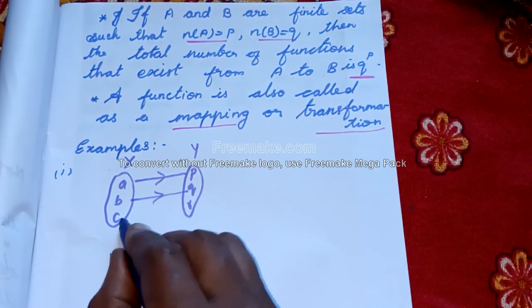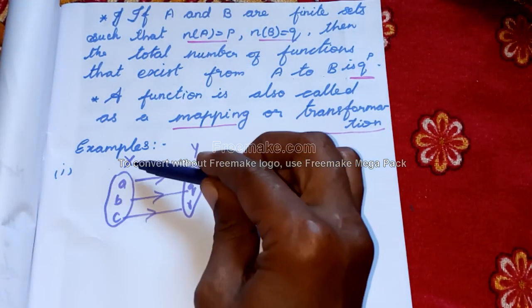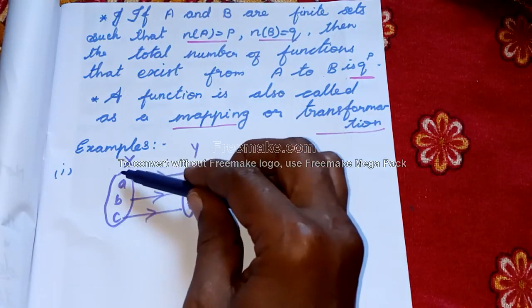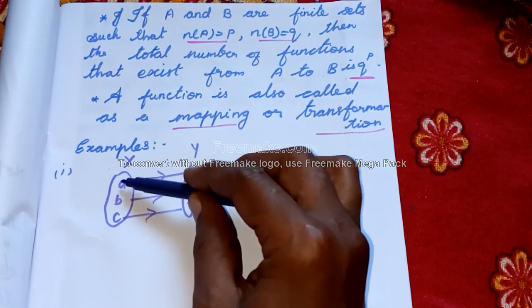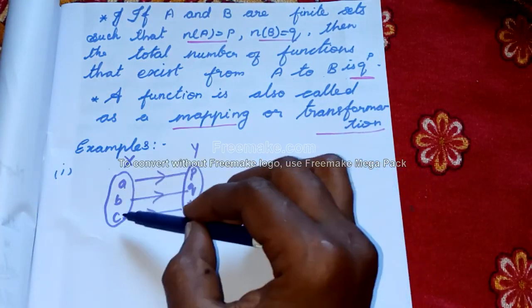Already I have explained, no? Does every element in X have an image? Yes, every element in X has an image. Is it unique? A has image P, B has image Q, C has image R. So it is a function.